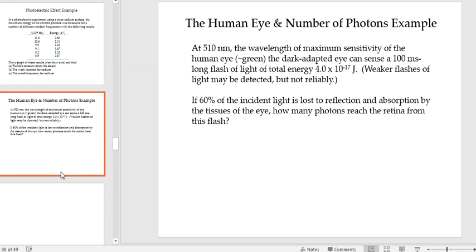Well, one thing we could do here is to say, I have this energy here, and I'd like to know how many photons that actually is.